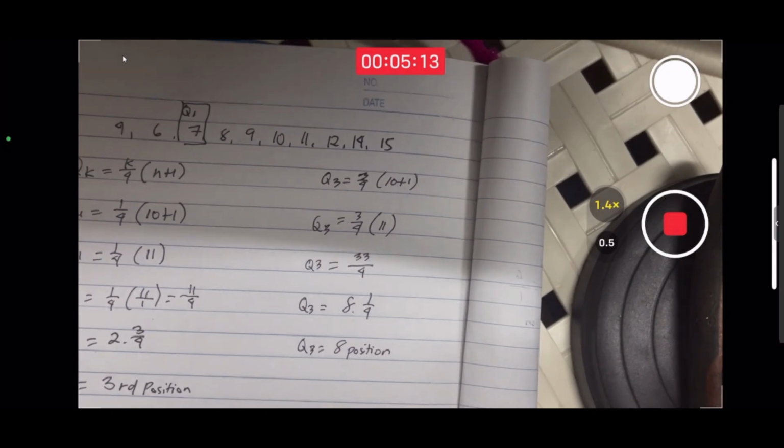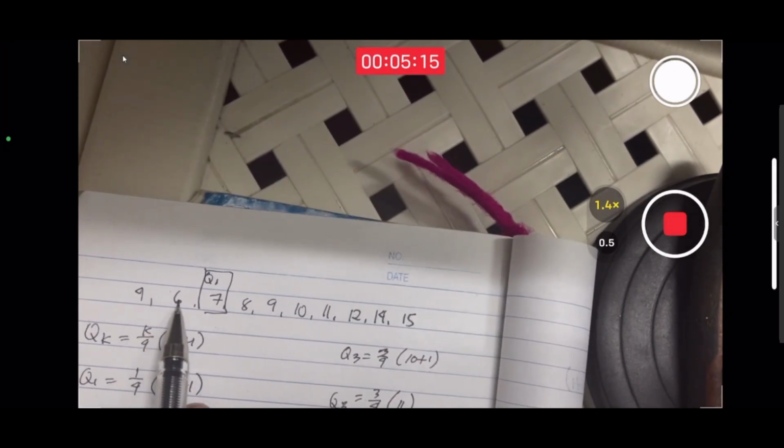So quartile 3 is on the 8th position: 1, 2, 3, 4, 5, 6, 7, 8.